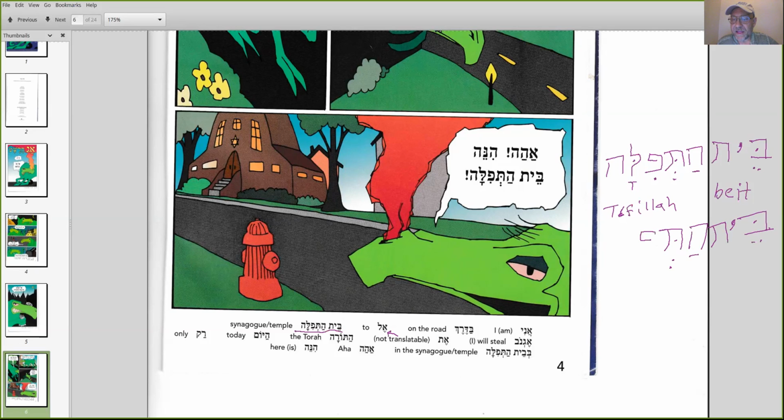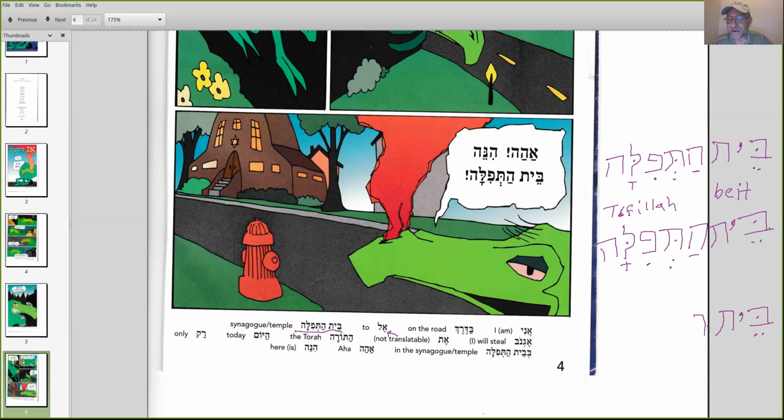A pe, hirik, tefi, lamed, kametz, tefi, la. There we go. Beit tefillah. Okay, bet, tsere, yod, tav.